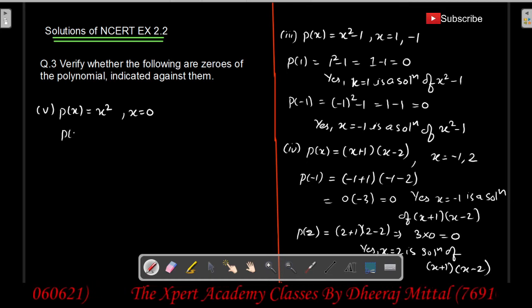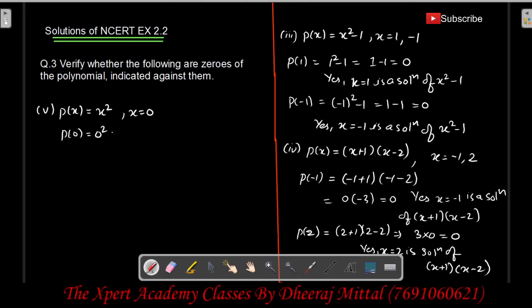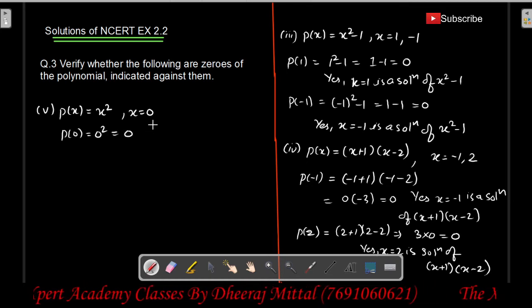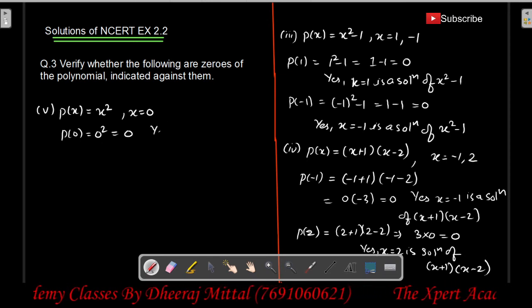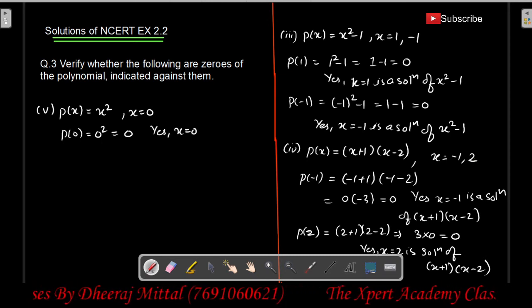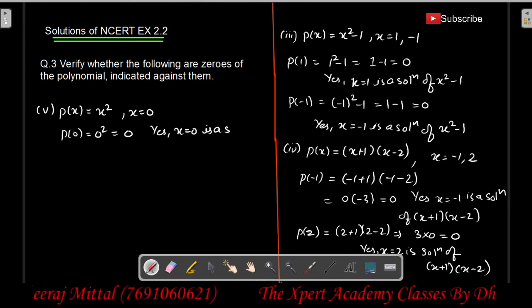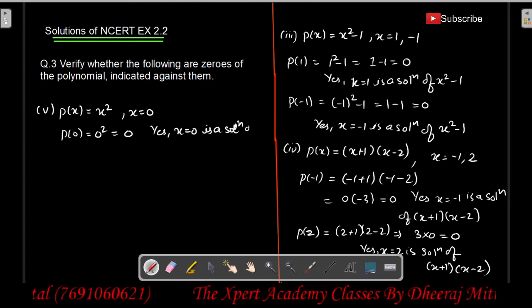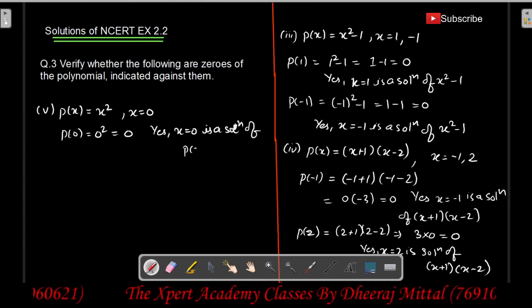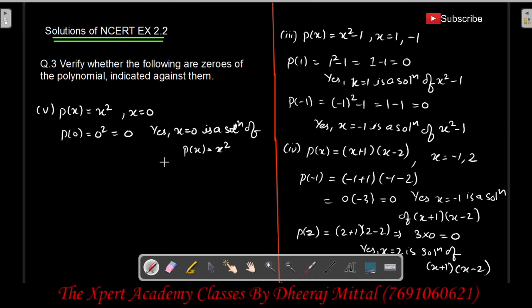So p0 will be equal to 0 square, that is equal to 0. लिखेंगे क्या? Yes, x is equal to 0 is a solution of px is equal to x square.